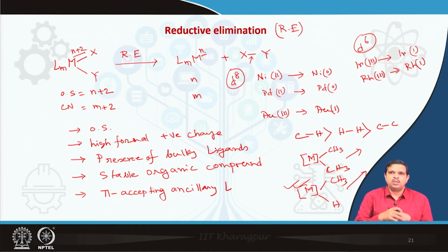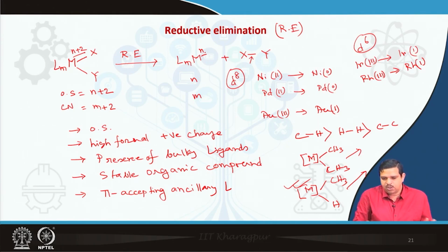with low oxidation state. As an example, in organometallic chemistry, the oxidation states 0, -1 and -2 are possible, but for that you have to put good pi accepting ligands, as examples PPh3, PF3, carbon monoxide, like that.